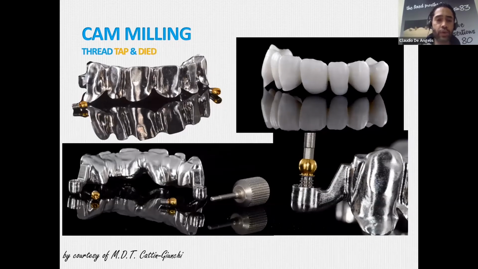You can see they produce a milled structure. I don't know if in titanium or alloy. I think it should be alloy, yes. And they also print the teeth setup in white acrylic.